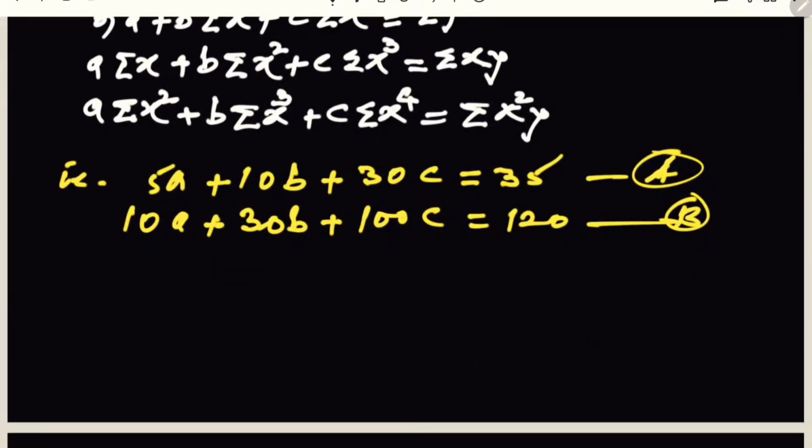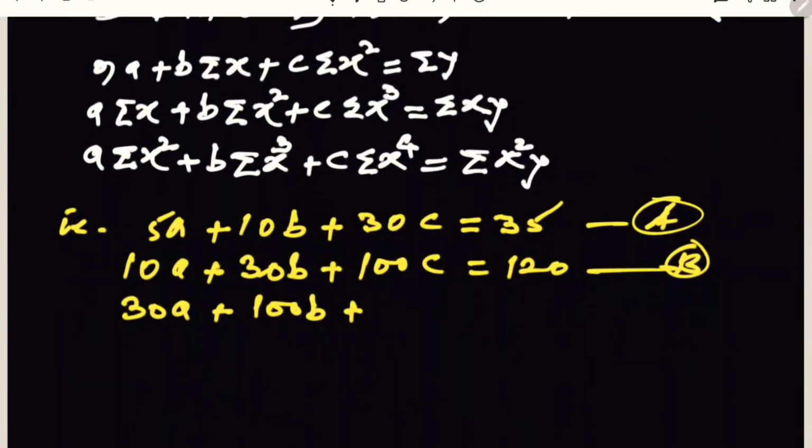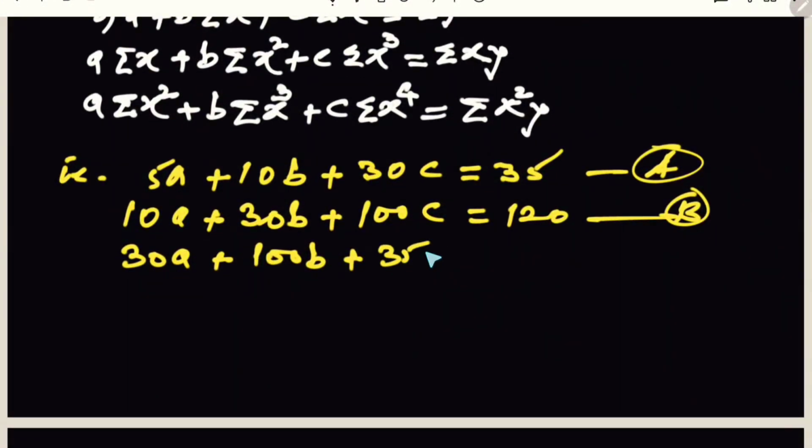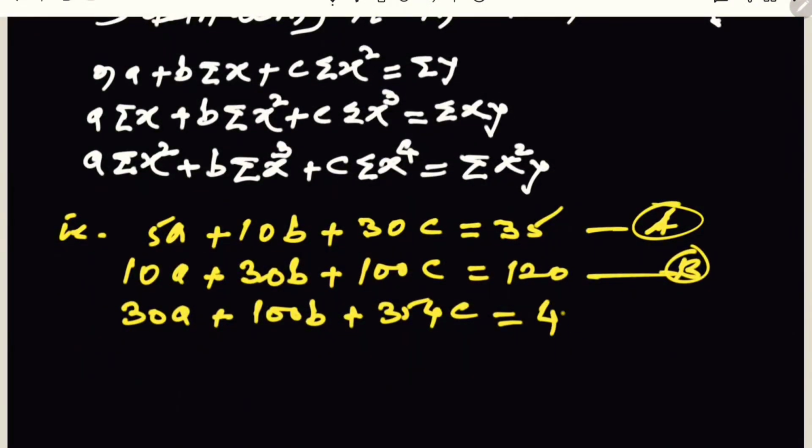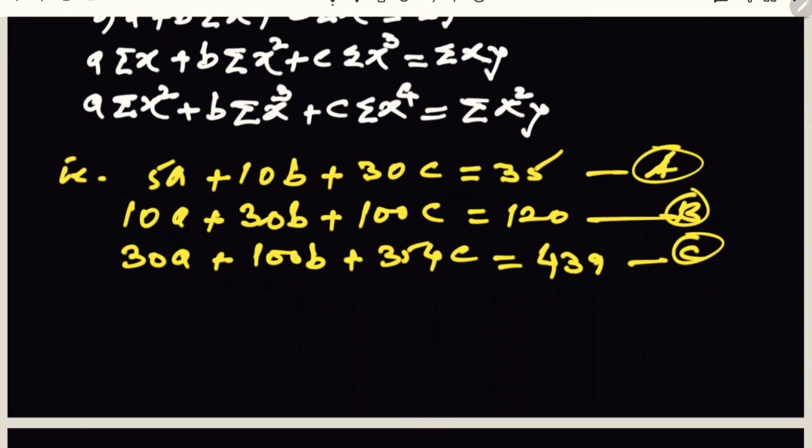Equation B. Third equation, 30a plus 100b plus c into summation of x raised to 4, which is 354, into c is equal to 438. Equation C.